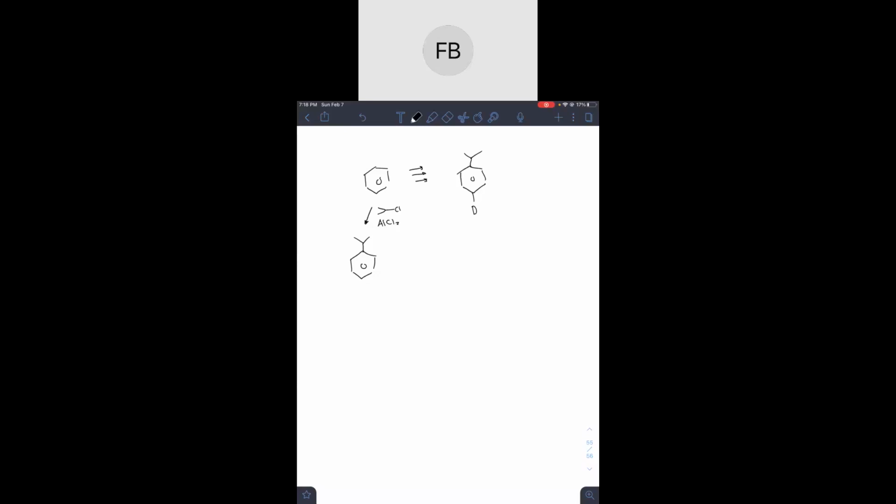And the cool thing about doing this first is now we can add our Br on really easily, because we're just going to do Br2 over FeBr3, and that gives us something in the para position, right? Because there's a little bit of steric hindrance here. So this is perfect because now we can just change this Br into an MgBr, and then we can do Grignard to get our D. And I'll show you afterwards why it's necessary that we did this order.